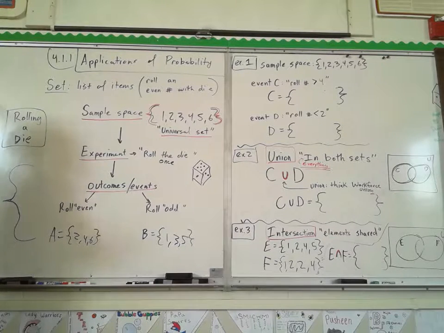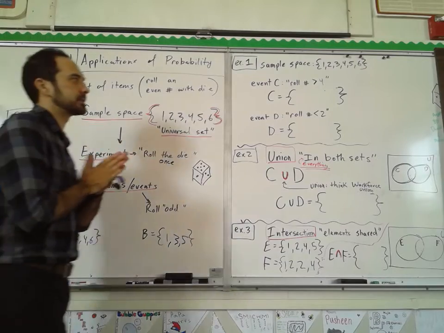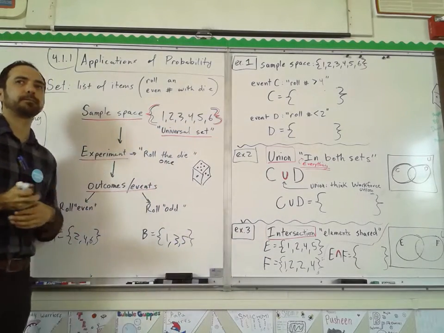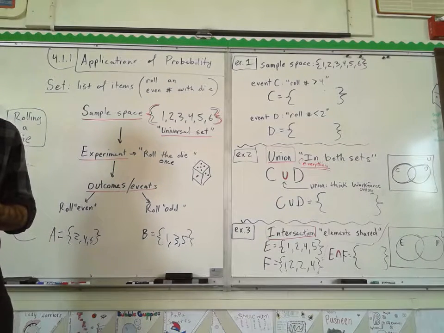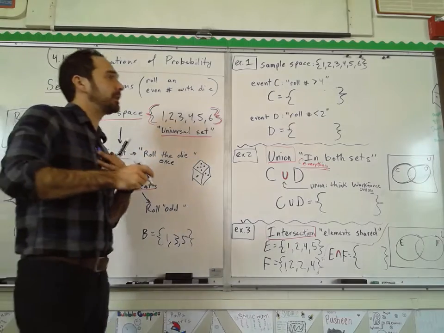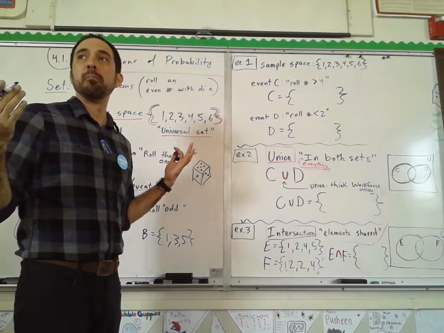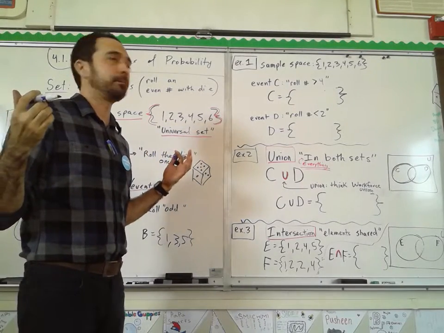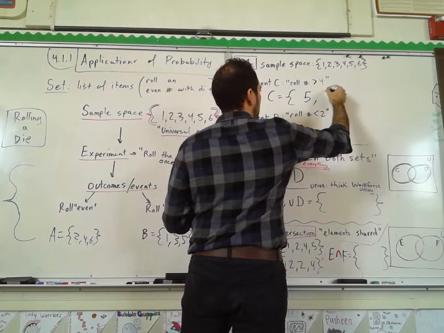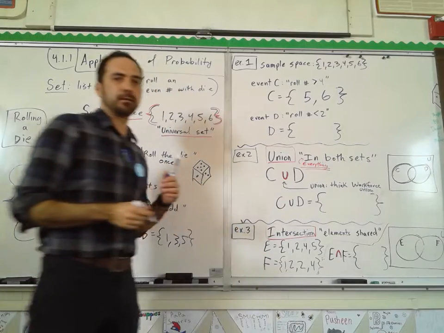The part that's tricky is set notation and what's coming next. All right, so if I'm looking to roll a number greater than 4, what do you think? 5 and 6. It's not greater than or equal, so we'll just put 5 and 6. Okay, that's pretty easy.